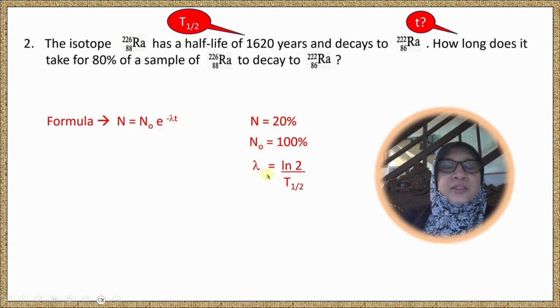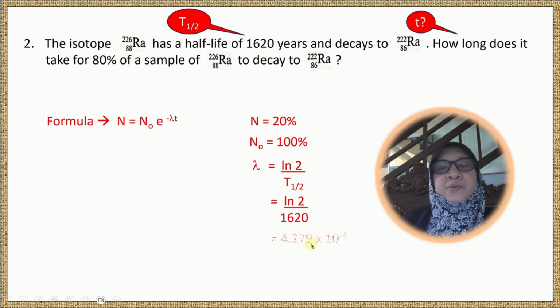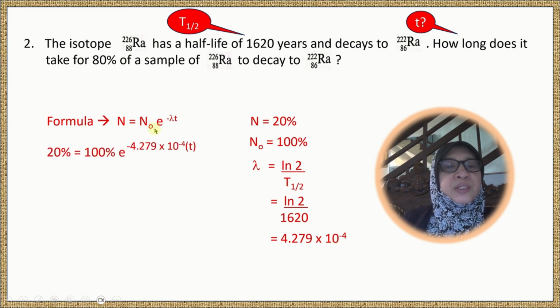For the decay constant, the formula is ln 2 over half-life. The half-life is given here, and we get the decay constant 4.279 times 10 to the power of negative 4. So we substitute the decay constant into here. Time taken is what the question wants, N is 20% and N naught is 100%.